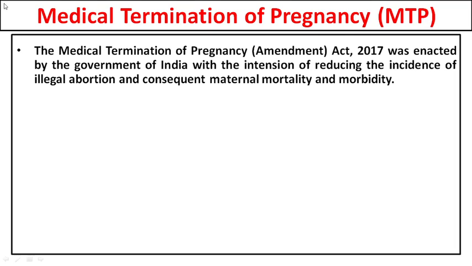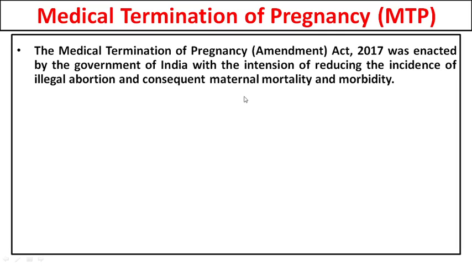Now there is the second part, which is what happens if the woman is already pregnant, right? Then in the first trimester, you can get the pregnancy removed. This removal of pregnancy or removal of the embryo is known as medical termination of pregnancy, or MTP.